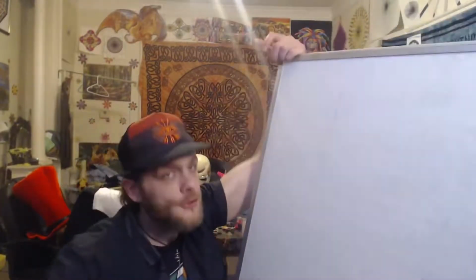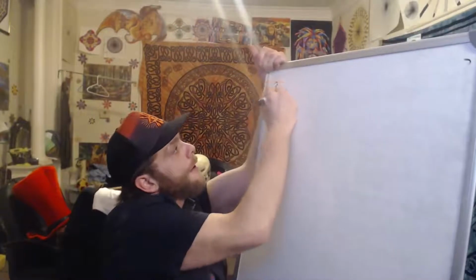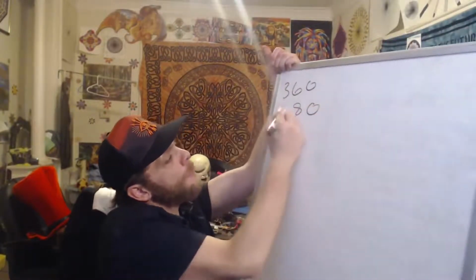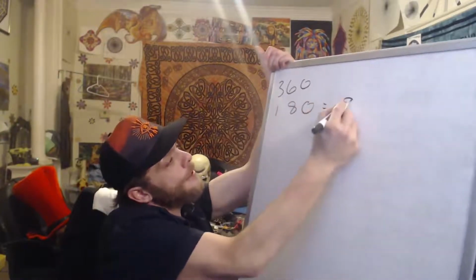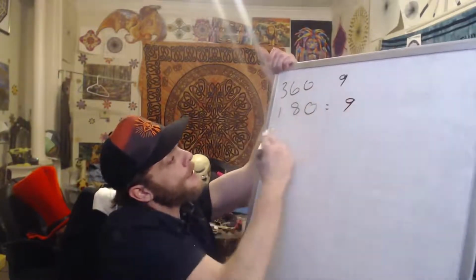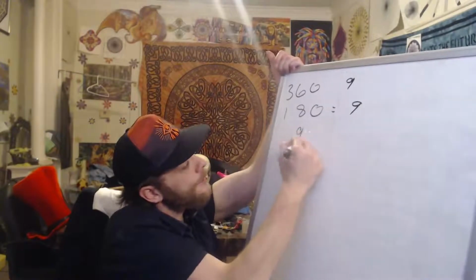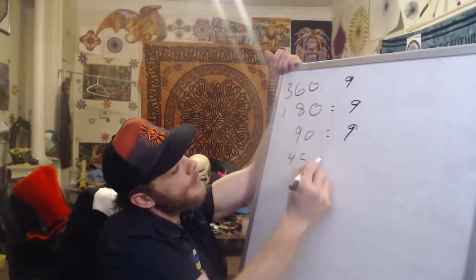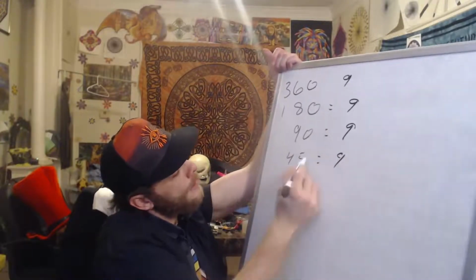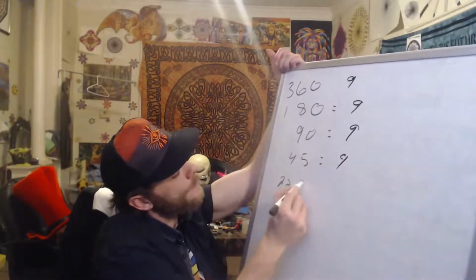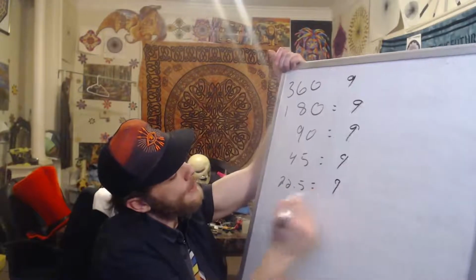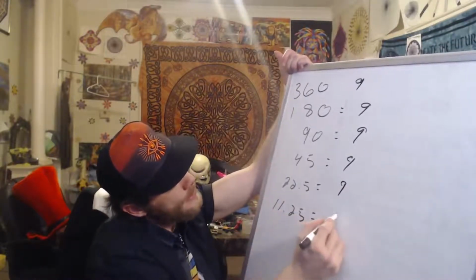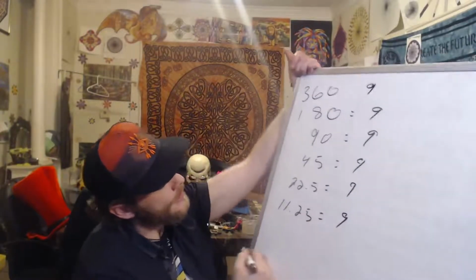When you cut a circle in half, 180. 1 plus 8 is 9. 3 plus 6 is 9. Half of 180 is 90. And that's 9. Half of that is 45. And that's 9. And half of this is 22.5, and that's 9. And half of this is 11.25, and that's 9 because those digits add up to that.